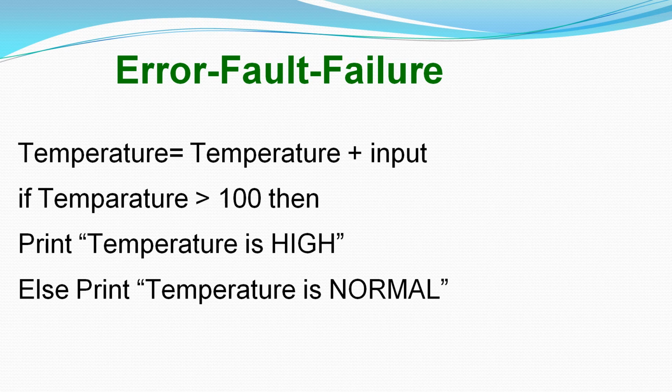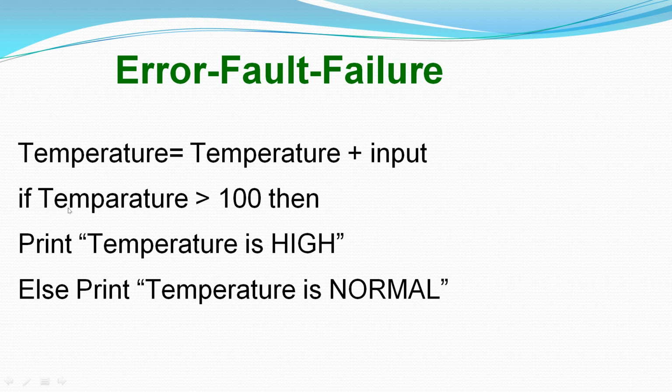See, if you execute this code, you will get an error, because there is some mistake in the code. Check the temperature spelling. This temperature and this temperature are not having the same spelling, and here in the second statement, the temperature is different.